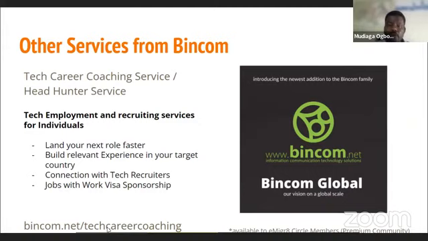If you are looking for tech roles outside of your primary country, one of the things you're looking out for is which job can sponsor you, to make the migration process a little bit easier. Those are the benefits of this platform. It connects you to recruiters across the world and to jobs with work visa sponsorship.